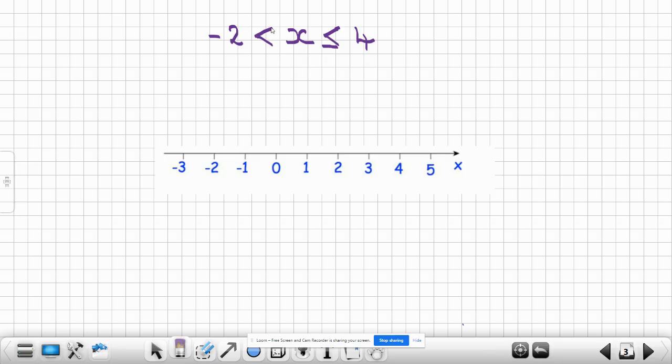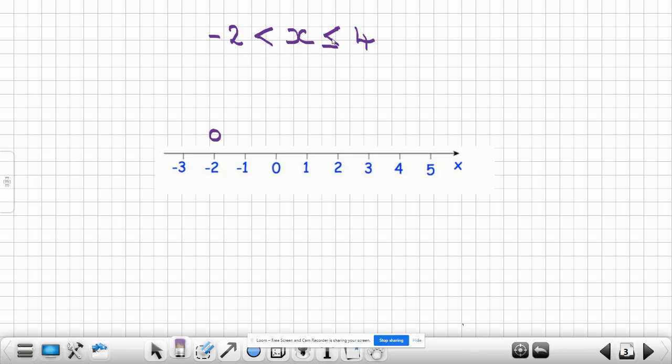X is on the larger side of the symbol, but it goes on to tell us that x is less than or equal to 4. So how are we going to draw that on our number line? Well, the first thing is, let's mark off at -2, and x is not included in that -2. So we're going to draw a circle there that's unfilled, and then we're going to think about where it's going to end.